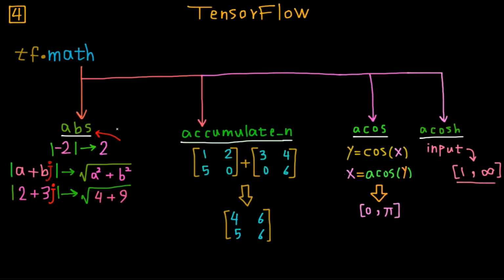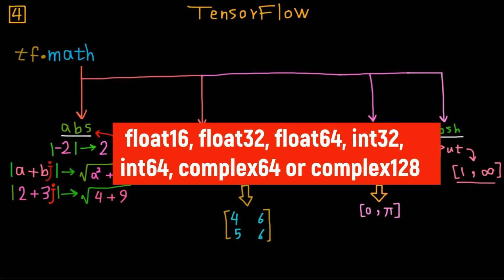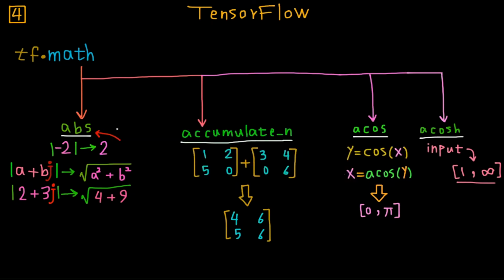The last thing you should know is that there are just 2 arguments in this absolute function. X argument, which is a tensor or sparse tensor of type float 16, float 32, float 64, integer 32, integer 64, complex 64, or complex 128. And the second argument, name, is an optional argument.